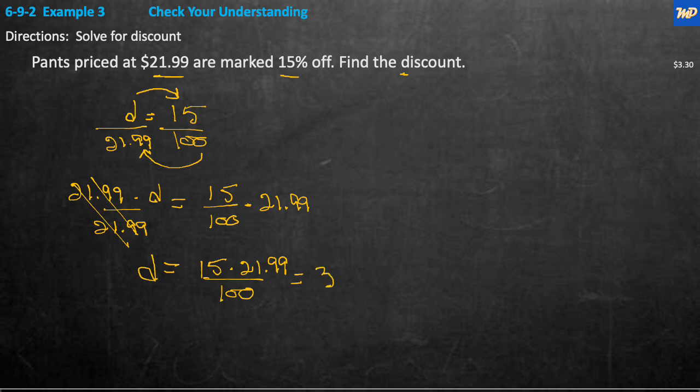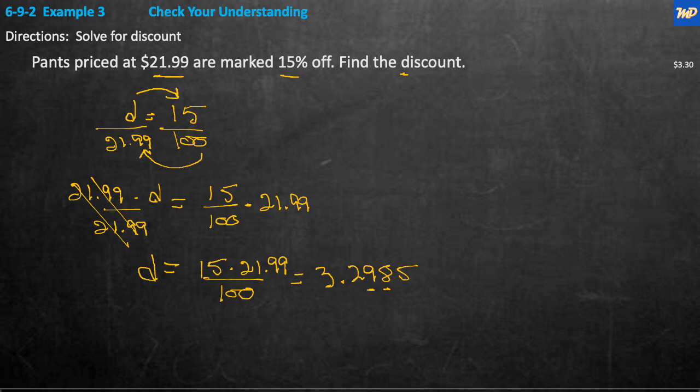3.2985. And since this is dollars and we want the discount in dollars, we're going to round this to the nearest cent. When you round 3.2985 to the nearest cent, you look at the 9 and ask, is the number behind it larger than or equal to 5, or less than 5? 8 is greater than 5, so we're going to raise the 9 up.